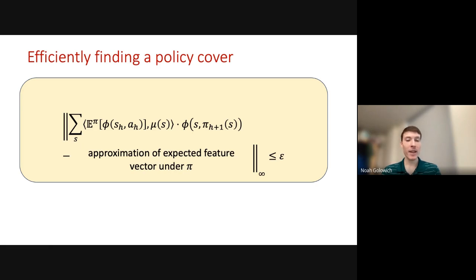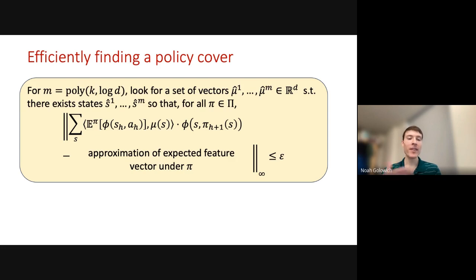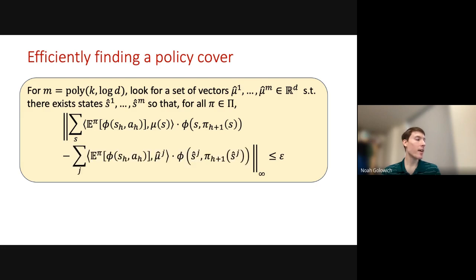Now, what does the approximation look like? Well, the way we get this approximation is we choose vectors mu hat 1 through mu hat m in d-dimensional Euclidean space, together with corresponding states s hat 1 through s hat m. Then this approximate feature vector is the following. We're summing over all j.